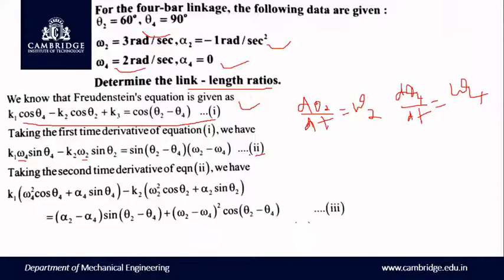And once again, if we differentiate equation number 2, we will get equation number 3. Since it's the second derivative, we get omega 4 square and omega 2 square. And the differentiation of omega 4 and omega 2 gives the angular acceleration, that is alpha 4 and alpha 2.